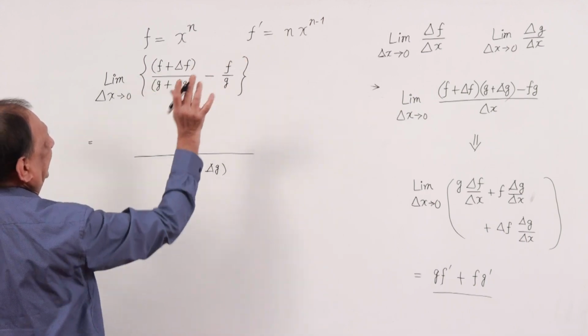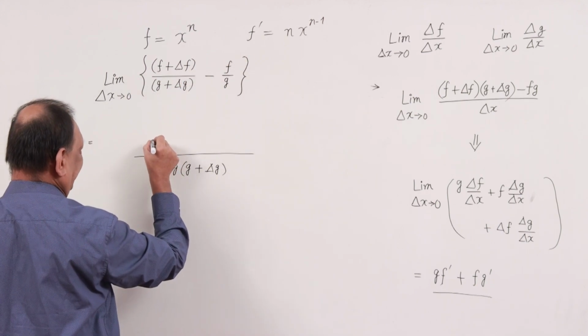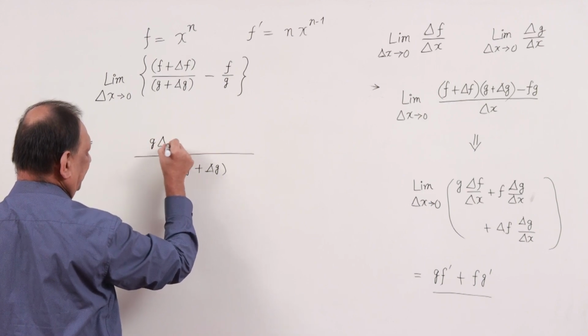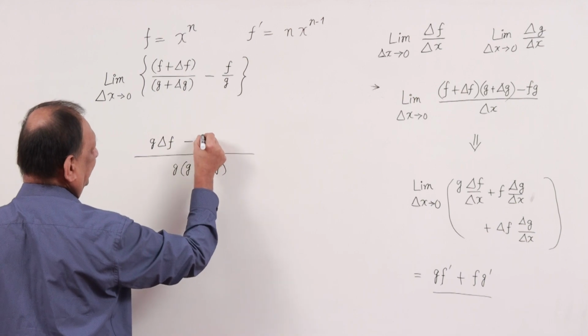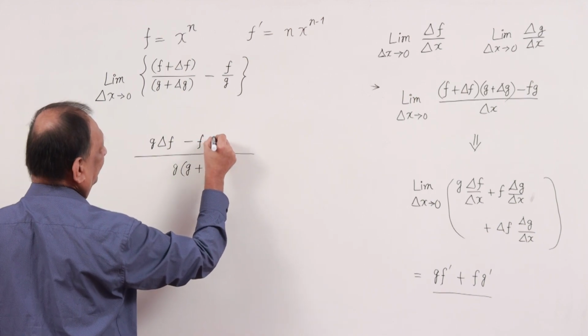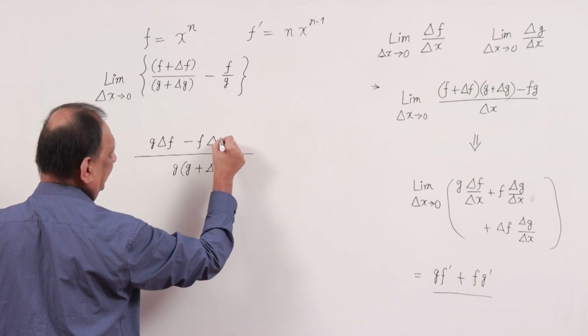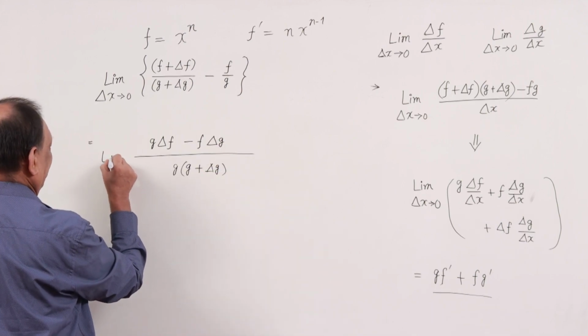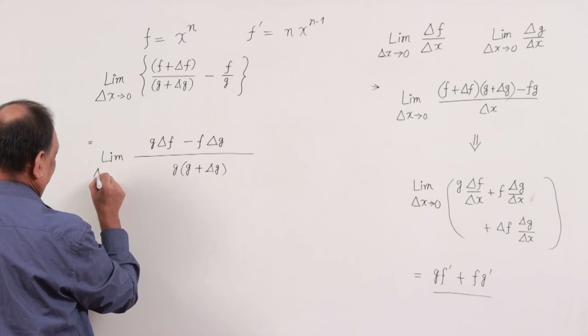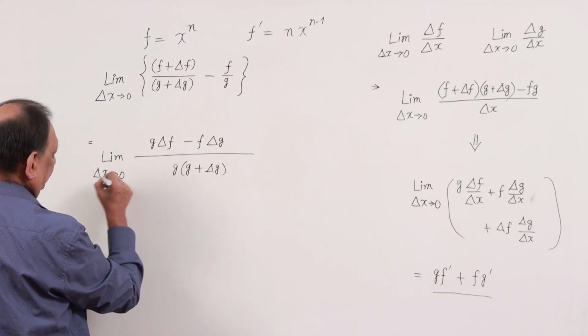I think that gf will get cancelled, so let me not even bother writing it. So we have g multiplied by delta f minus f multiplied by delta g. And the limit of the whole thing as delta x goes to 0.